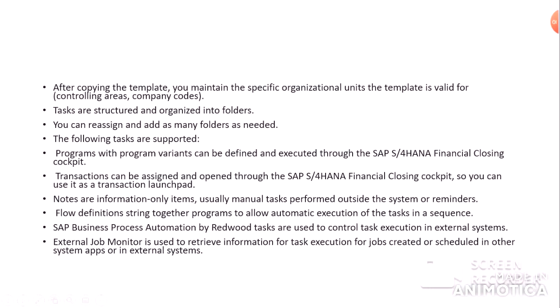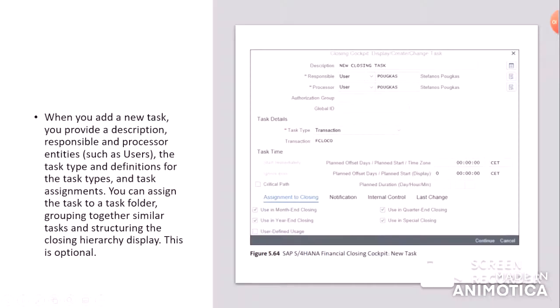Tasks will be assigned in the task template. So these are the following tasks: programs with program variants, transactions, flow definitions, SAP business process automation, and external job monitor. These are all the 5 tasks which can be supported.